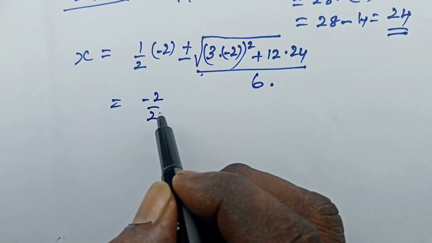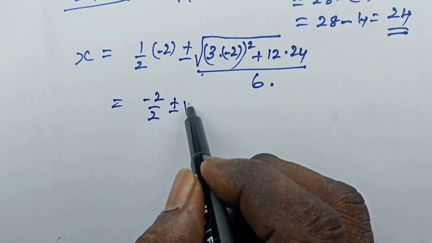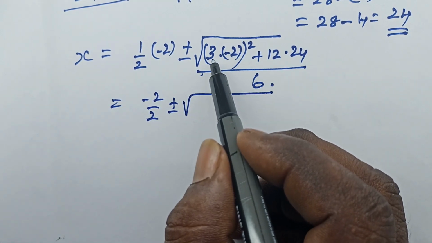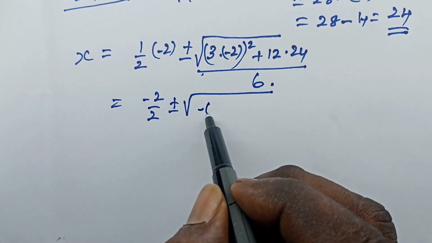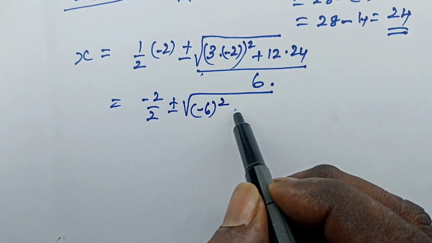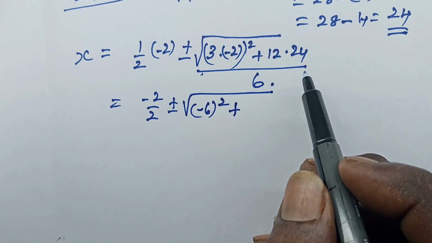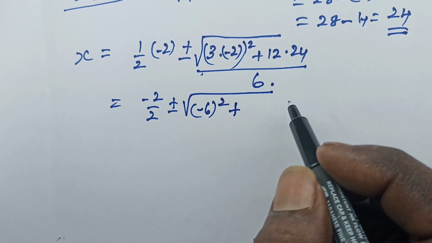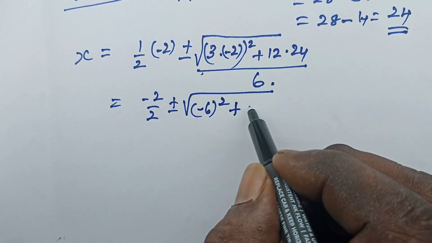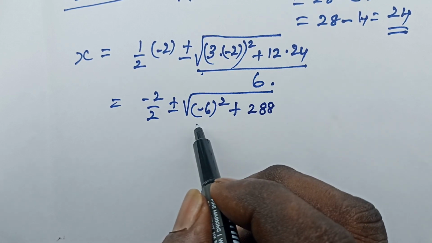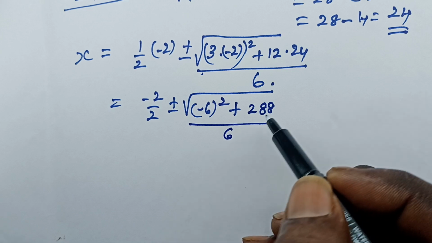Minus 2 by 2 plus or minus root of minus 2 into 3 minus 6 whole squared plus 12 into 24, 288, by 6.